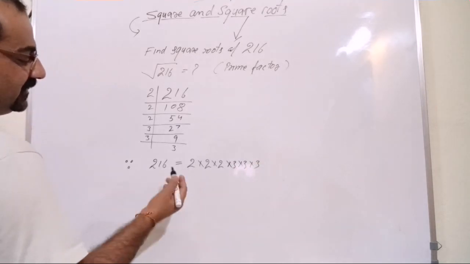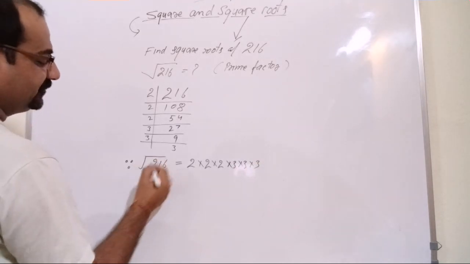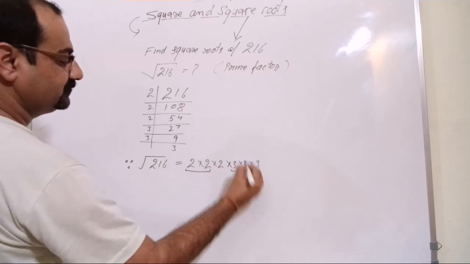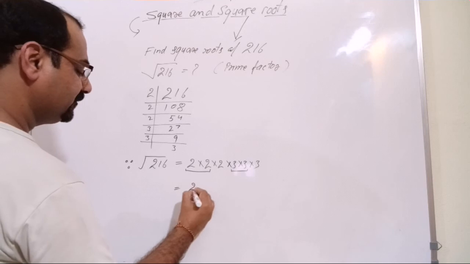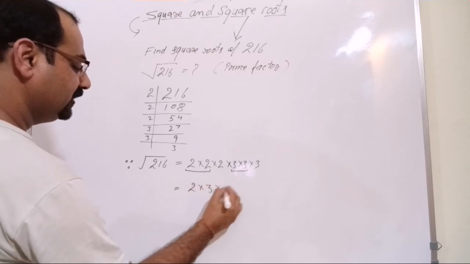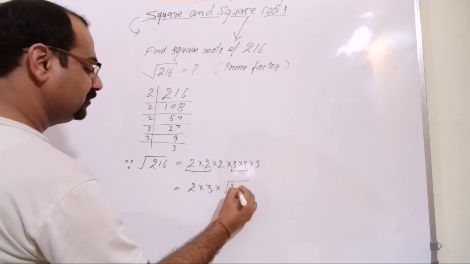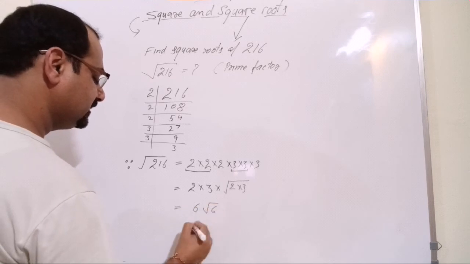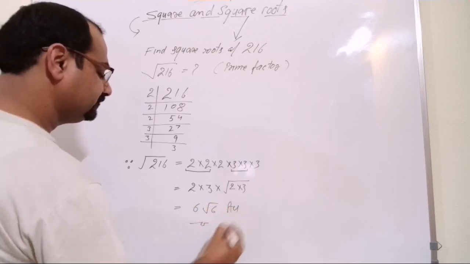But beta, we have to make the groups of 2 numbers only. Okay, so this is 2 into 3 into 2 into 3. So this is 6 under root 6, and this is your solution.